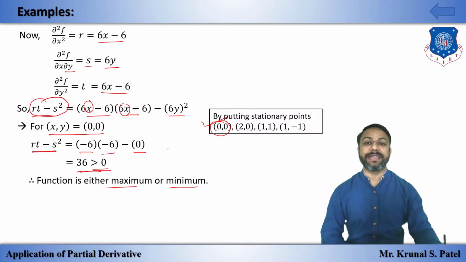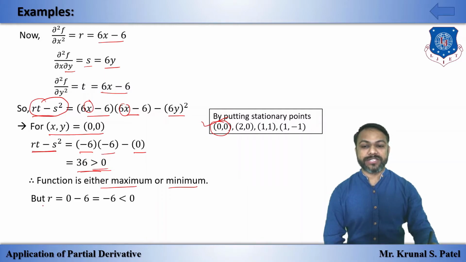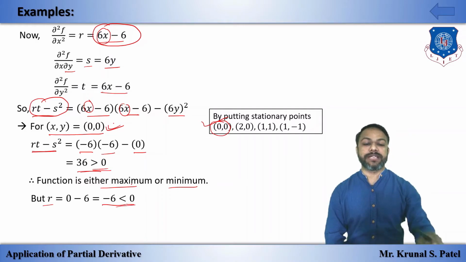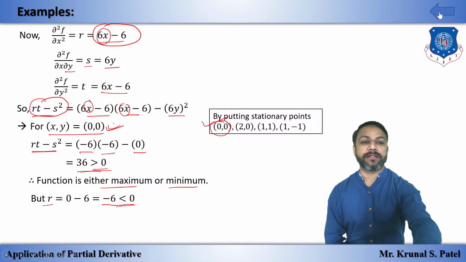As we have seen in A, B and C, we will check r. Here r is given as 6x minus 6, and we put the same point (0, 0). So this is 0, and we have minus 6. That means r is less than 0.